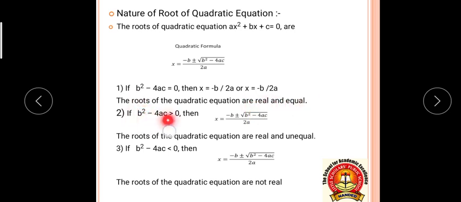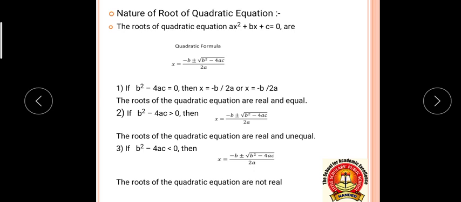If the b square minus 4ac value is greater than 0, meaning positive, then the roots are real and unequal. And if b square minus 4ac is less than 0, then the roots are not real, which means the value is negative, obviously less than 0.